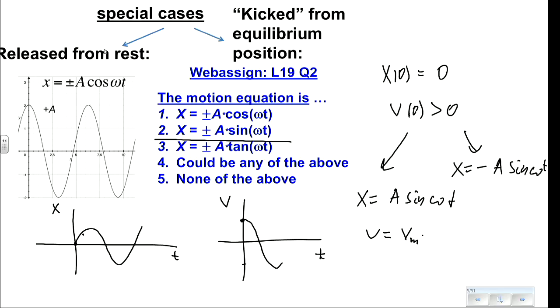Everything has some maximum displacement, maximum speed, and that's supposed to be cosine. And they have the same period, the same angular frequency. And for the acceleration, we always can write this equation. This is Newton's second law for simple harmonic motion.